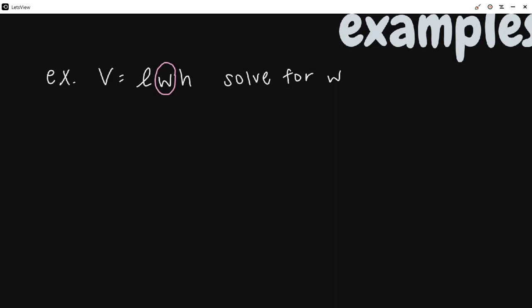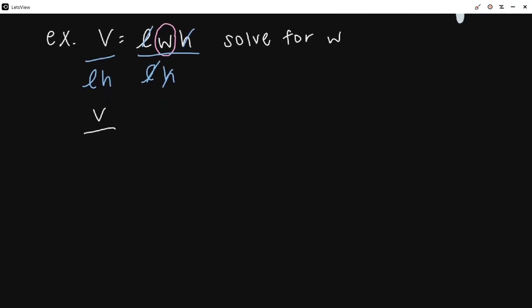Everything is being multiplied, so in order to move to the other side, we want to divide by length times height, so that this will cancel out. So divide by length times height, and then we get volume over length times height equals width. And then that's it. Or you can also rewrite it as width equals volume over length times height.